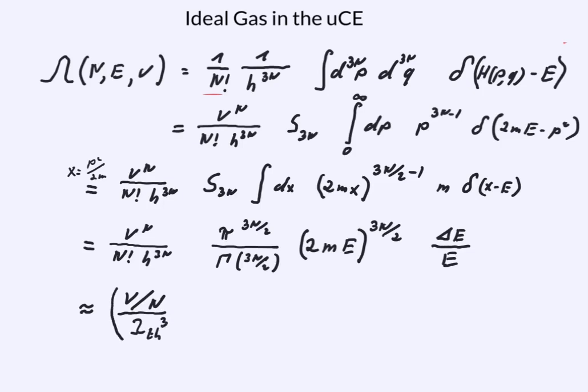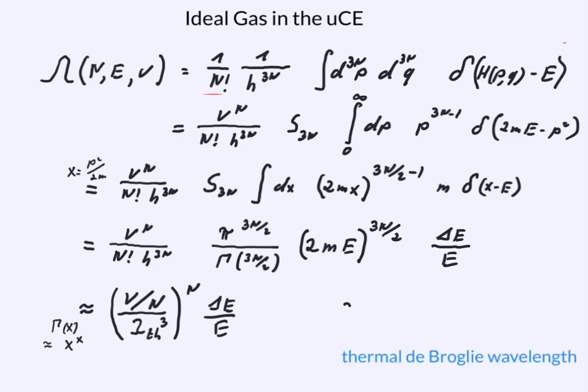The partition function omega of the ideal gas in the microcanonical ensemble gets very easy, reading omega of N, E, and V is about V divided by N, divided by lambda thermal to the power 3, to the power N, times delta E divided by E, where lambda thermal is the thermal de Broglie wavelength given by the square root of 3h squared divided by 4 pi m N divided by E.